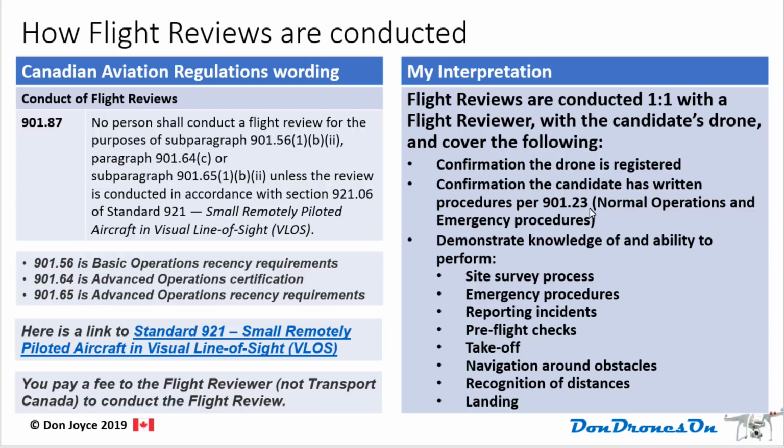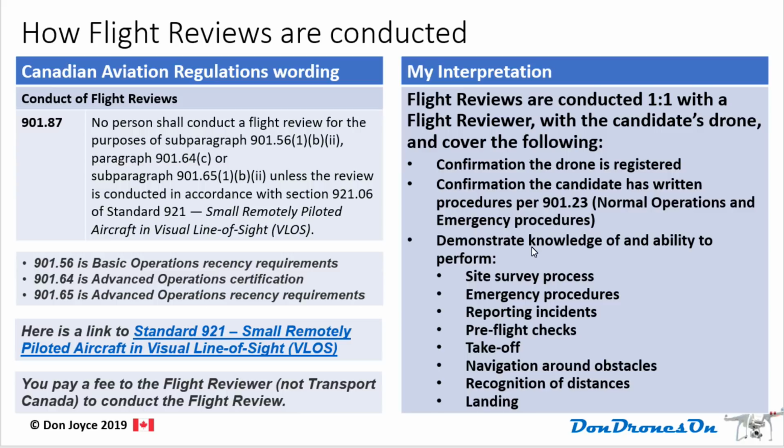I think it's Module 8, in fact, the very last module, that talks about the requirement to have written procedures for normal operations. This is like pre-flight checklists and takeoff checklists and things like that, as well as emergency procedures. What happens if you lose contact with your drone, for example. So they'll confirm that you have those in writing, so you better have them available.